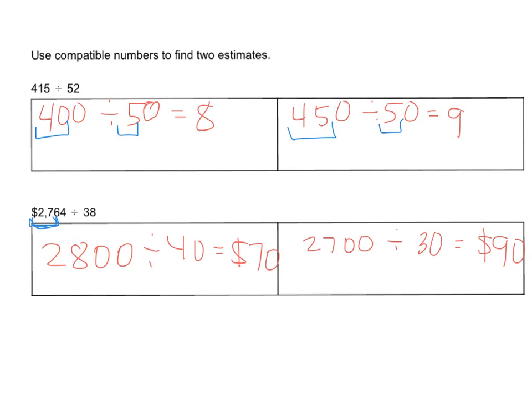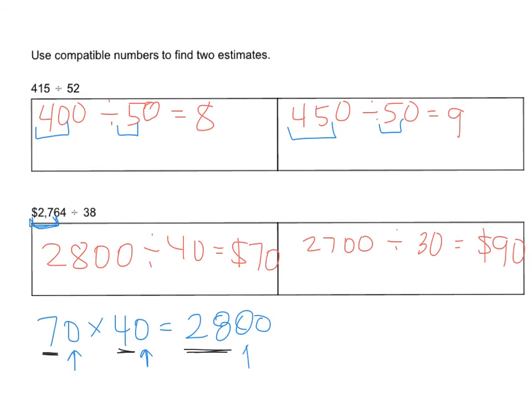So, for example, on this one, I'm a little bit better at knowing these multiplication rules, which would mean that if I'm doing 70 times 40, I can take my 7 times 4 and get 28, and then include my zeros on my product. So that can be one way that you can check to make sure that you have enough zeros. Sometimes that's a little bit tricky.